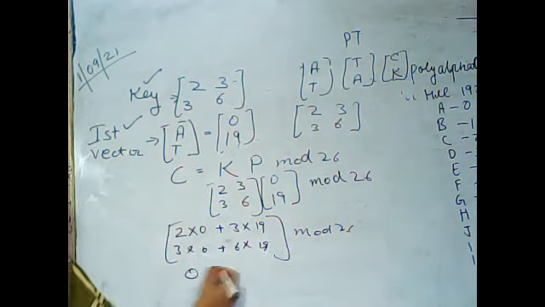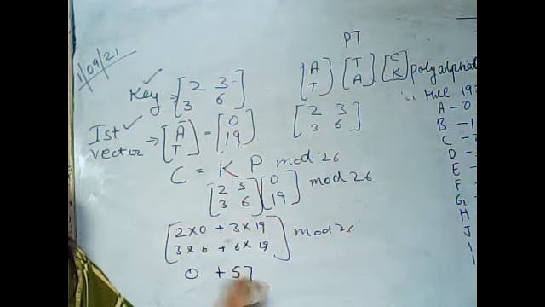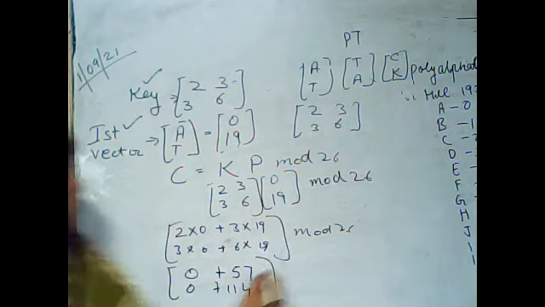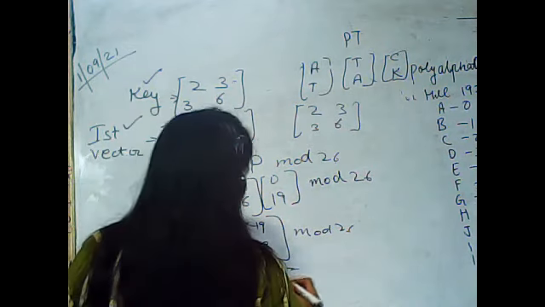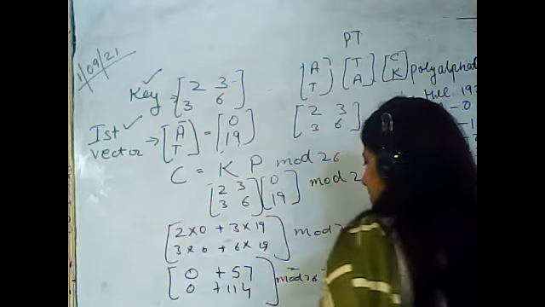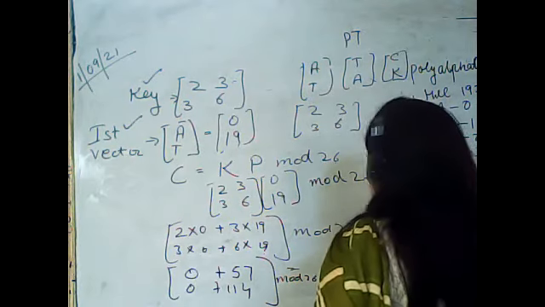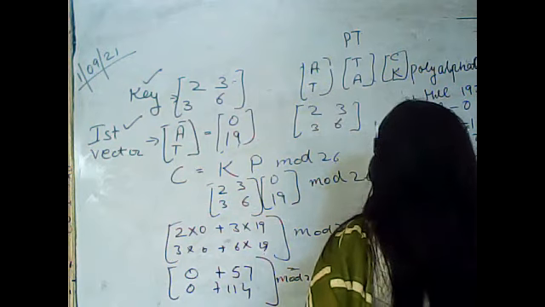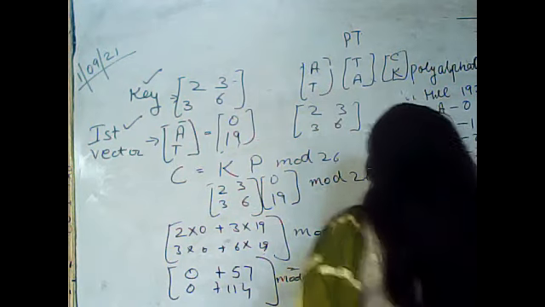The answer is 0 plus 57, 0 plus 114, so 57, 114 mod 26.